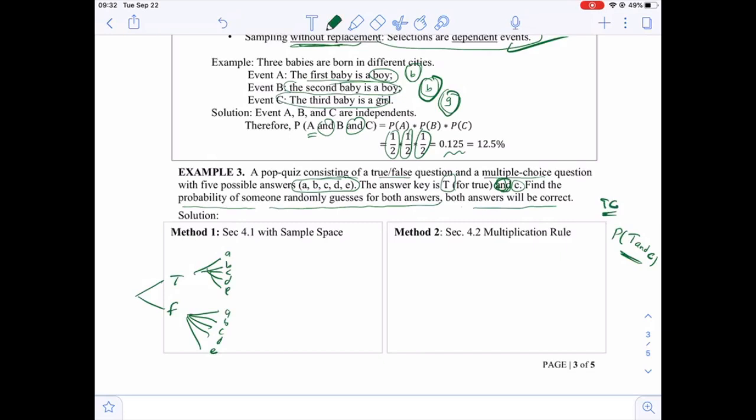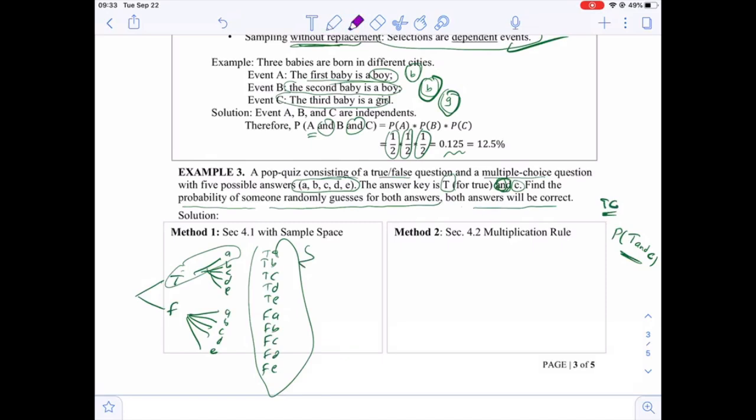Now how many outcomes are there? As you can see, true and A, true and B, true and C, true and D, true and E, then false and A, false and B, false and C, false and D, false and E. So this is the sample space. The sample space consists of all these elements.